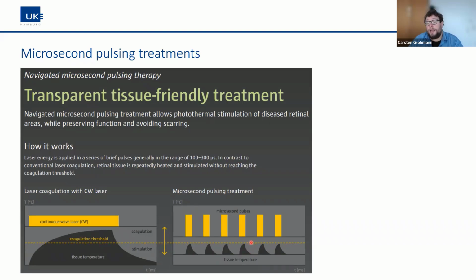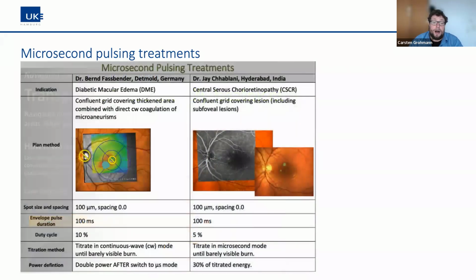So this is a very good and, I think, very sophisticated treatment we also perform here in our daily routine. There are different approaches of doing this, different protocols that were published. In our clinic, we have experience with both, and I personally also like the settings over here.